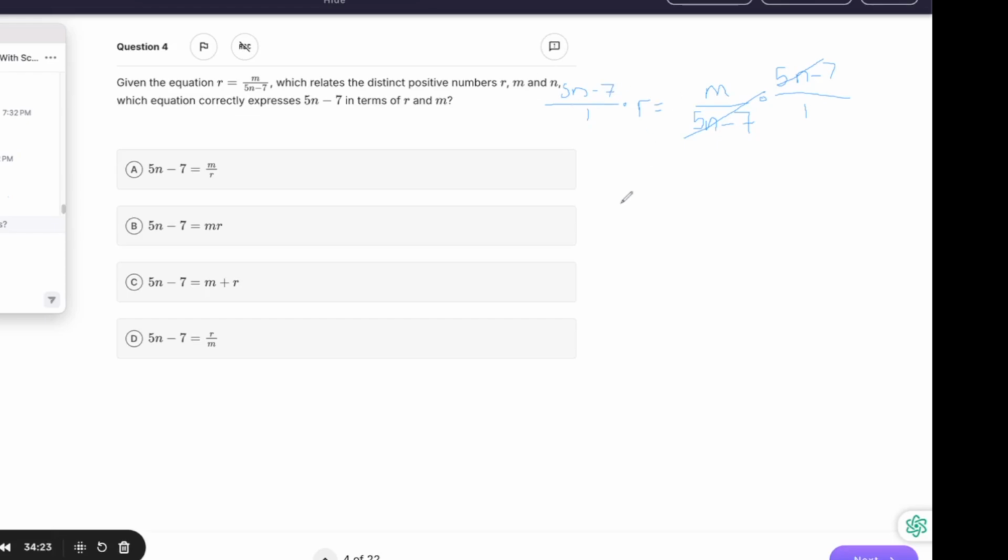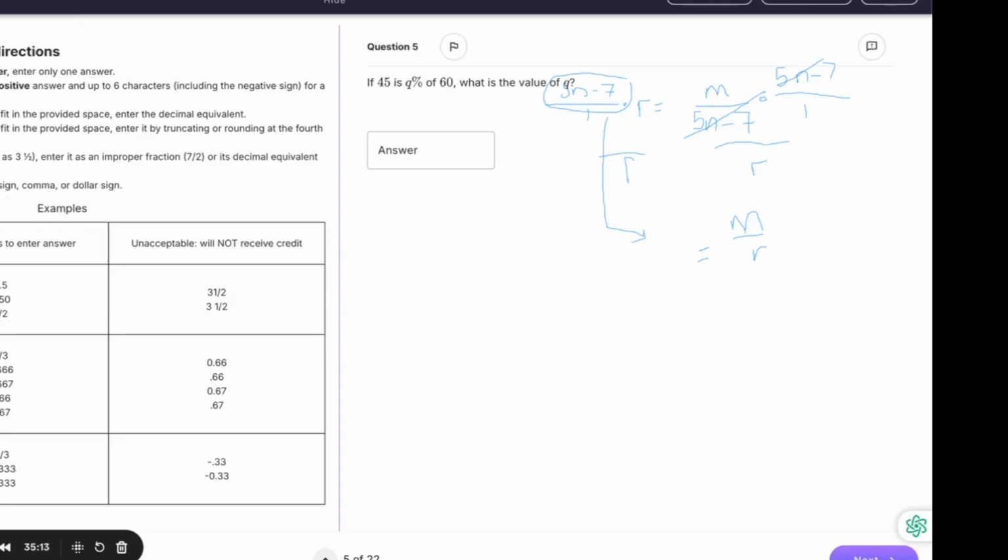But the problem is you are stuck with R. So what you have to do is divide both sides by R, which is going to make it equal to M over R, which the answer is A. And then this 5n minus 7 will be carried down here. Any questions on that one? It's a little bit weird.